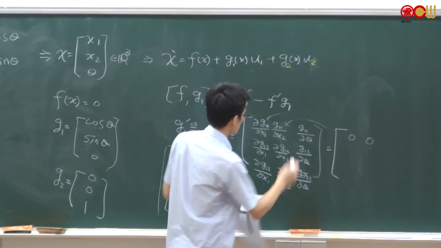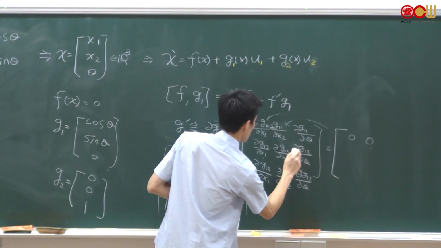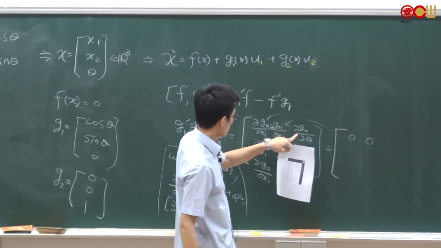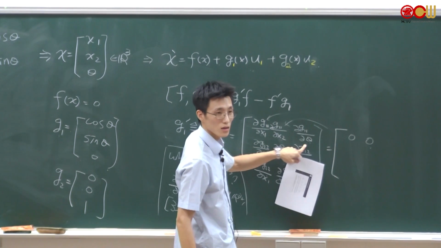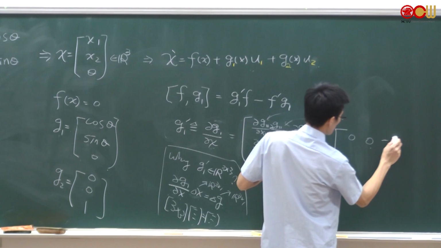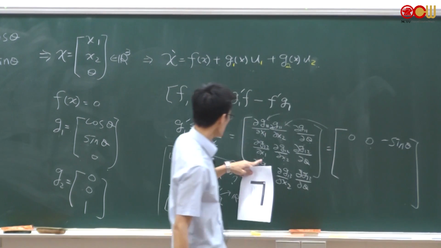The partial of cosine theta with respect to theta is minus sine theta.